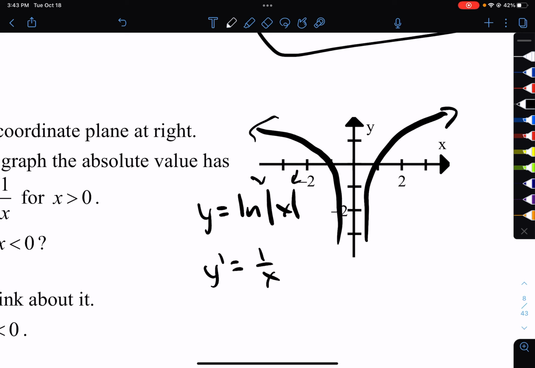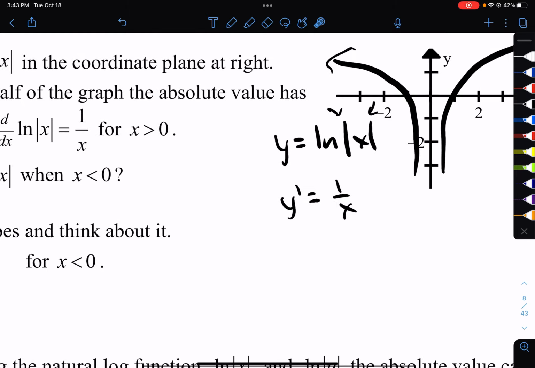It's not going to change my derivative. What it does change is normally I can't plug negatives into the natural log function. Like this right here doesn't exist. But because of that absolute value, I do have the left side of the function. But even though it's there, it doesn't change my derivative.